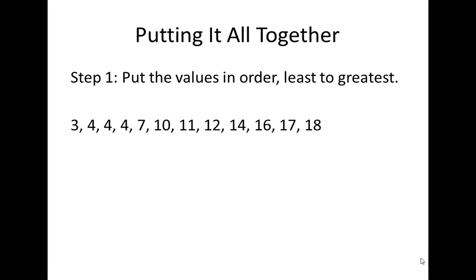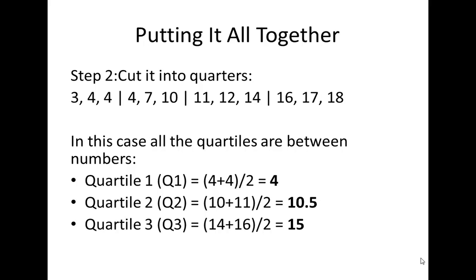Step 1. Put the values in order, least to greatest. Step 2 is to find the quartiles by cutting the list into quarters. In this case, all the quartiles are between numbers. Quartile 1 can be found by adding 4 plus 4 and dividing by 2 and getting 4.